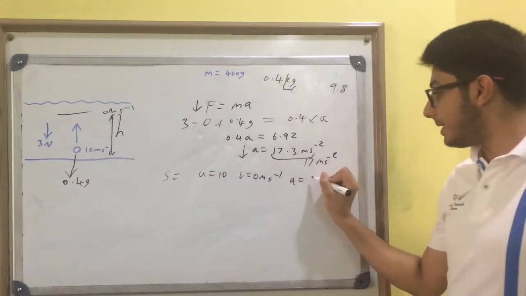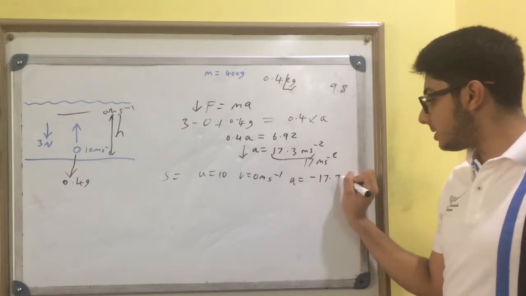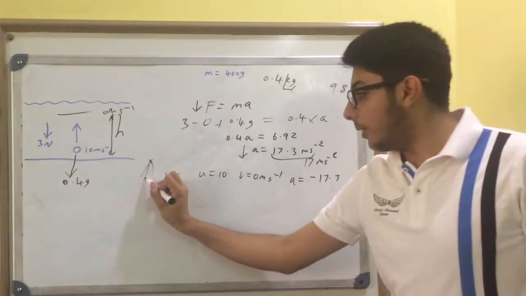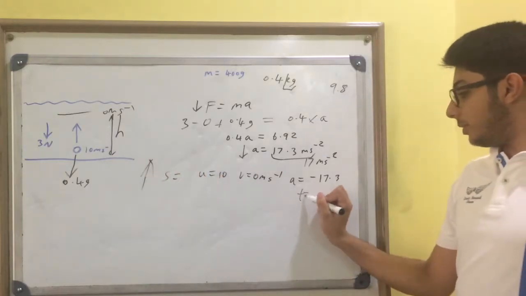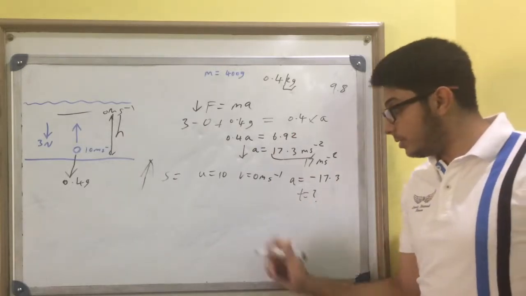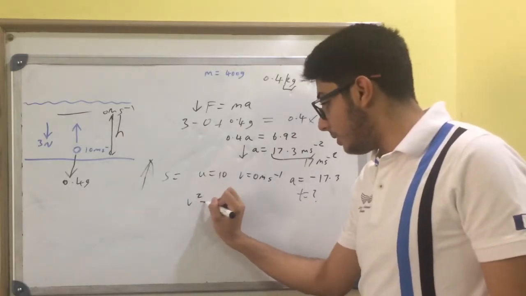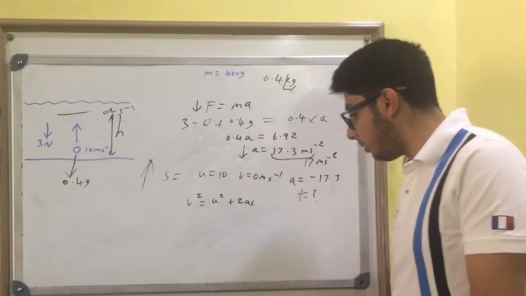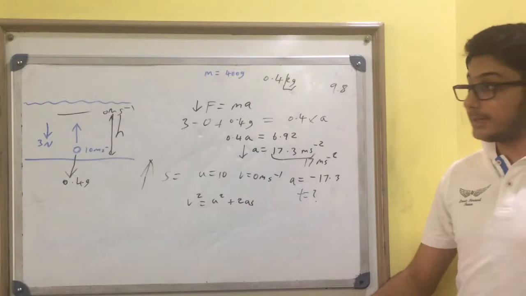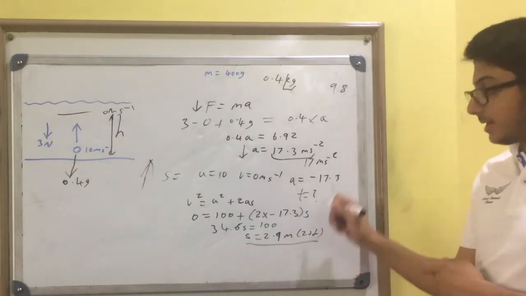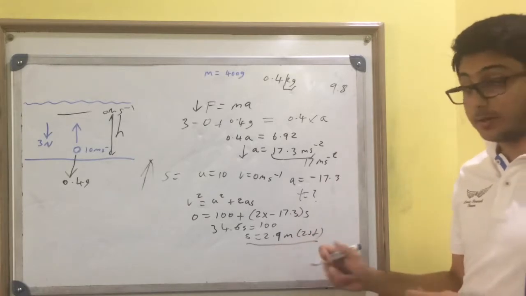Acceleration, we just found out, negative 17.3, because we're taking upwards as positive. And time we don't know. We don't need it. So the SUVAT equation I'm going to use is v squared is u squared plus 2as. You substitute in the values, rearrange the equation, you get s is equal to 2.9 meters to 2 significant figures, because that's your final answer.